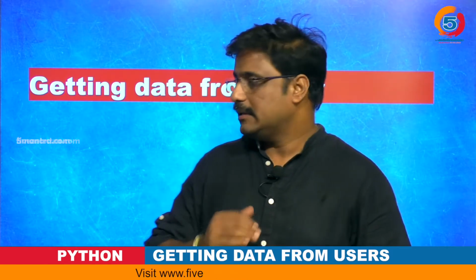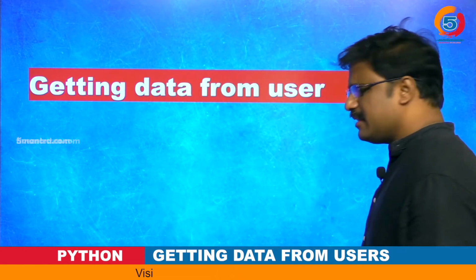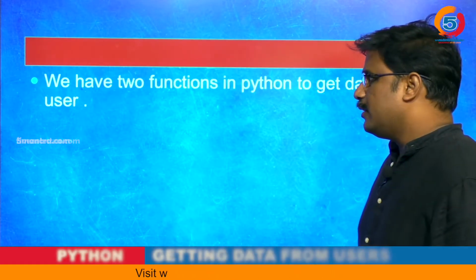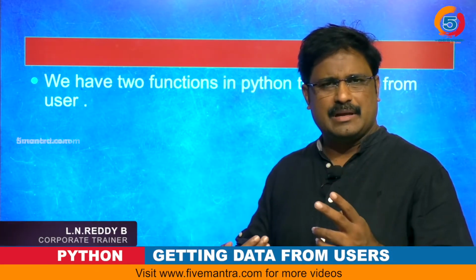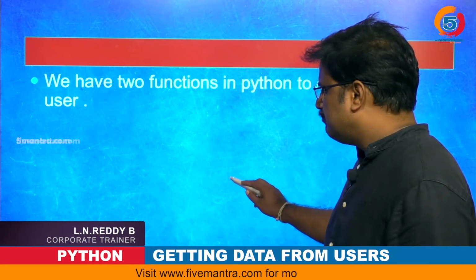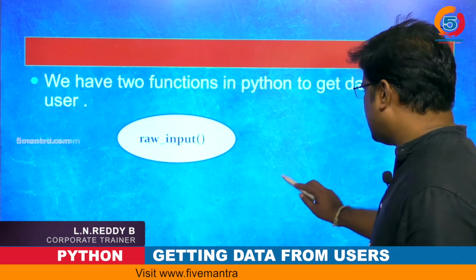Now the basic thing is, when the user wants to give data, how to get the data from the user. That is very important. Once you have the data, you will do something with it, right? For doing that, in Python we have two types of functions: one is raw_input, and the other is input.